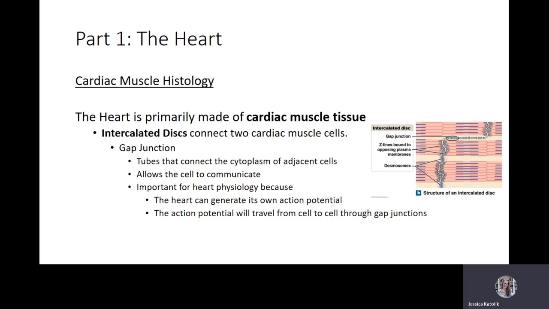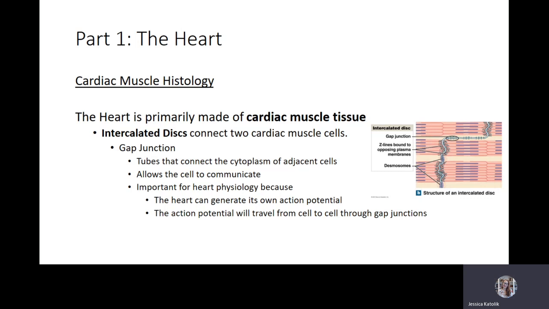This is because the heart can actually generate its own action potential, its own electrical impulse. And that electrical impulse will travel through the gap junctions from cell to cell, and it will stimulate the cells to contract. These gap junctions are going to act as an electrical synapse between the two cardiac muscle cells.